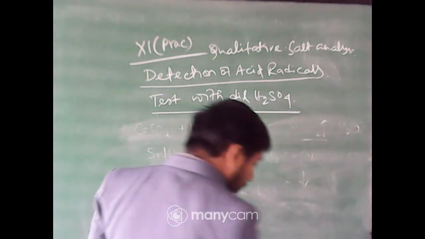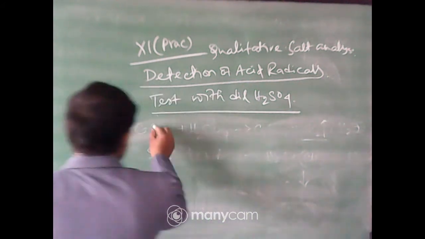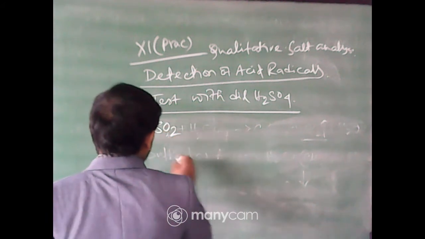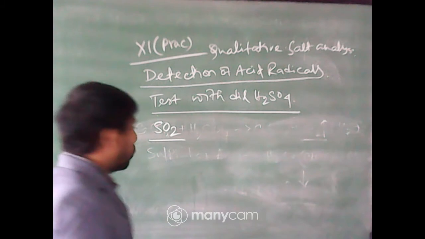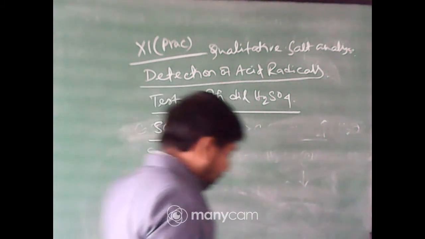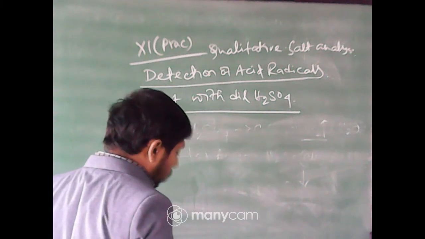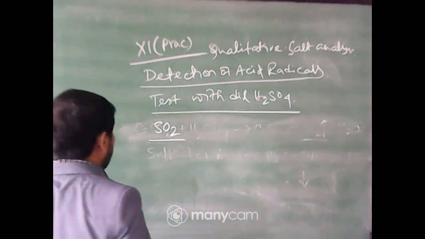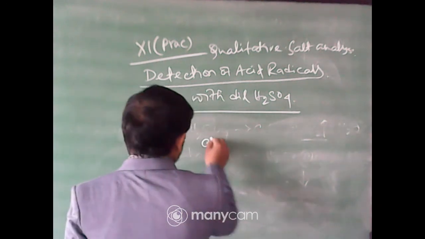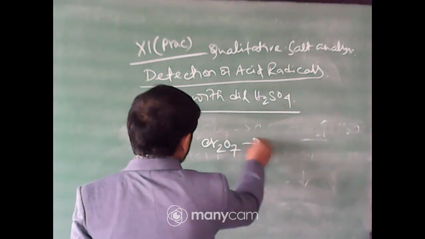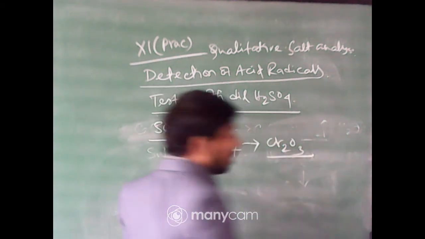Now what is the reason behind that? It will produce sulfur dioxide gas: Na2SO3 plus H2SO4 gives Na2SO4 plus SO2 plus H2O. This SO2, as it has reducing behavior, will reduce the Cr2O7 to Cr2O3, which has green color.